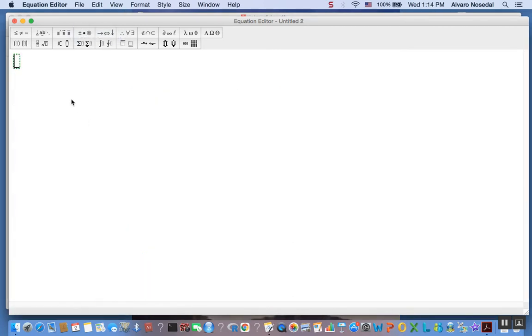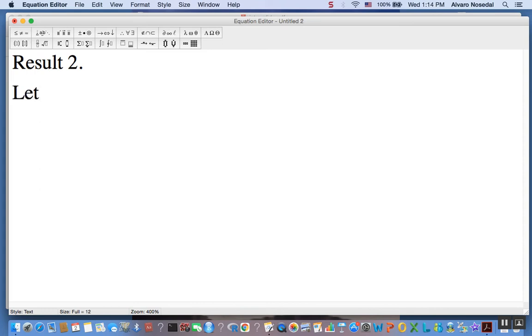Let's do result 2, and that will also be easy and quick to show. So now, instead of being interested in a single random variable, now we're going to have 2.